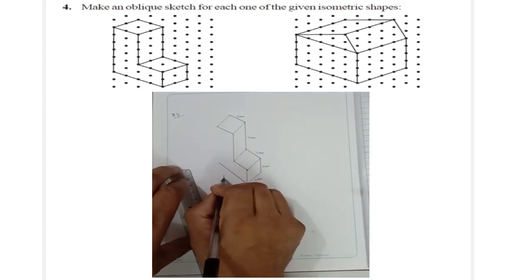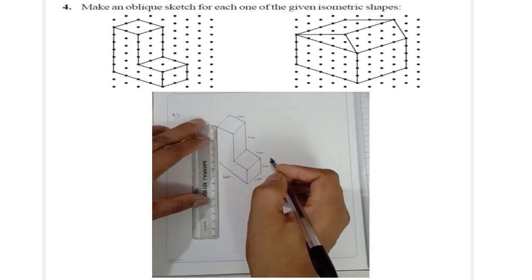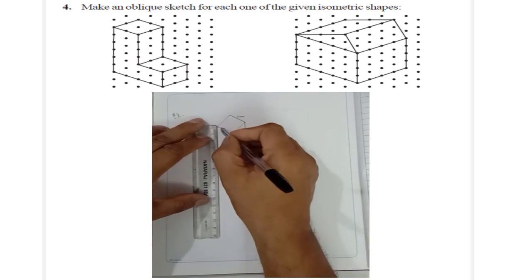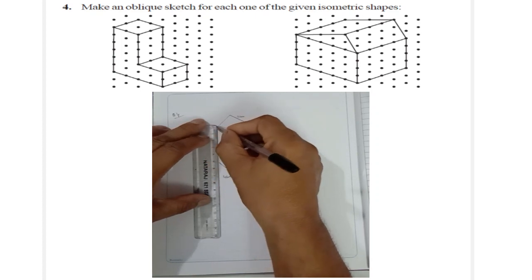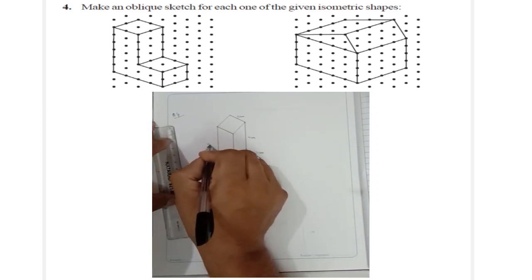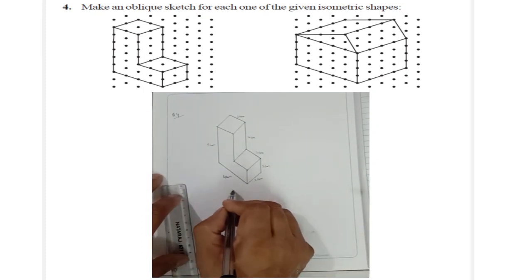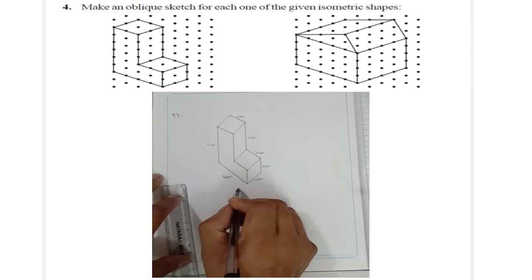This is 4 centimeter. And this side it is 5 centimeter. This is 5 centimeter. So this is the oblique sketch of first figure, that is first shape.